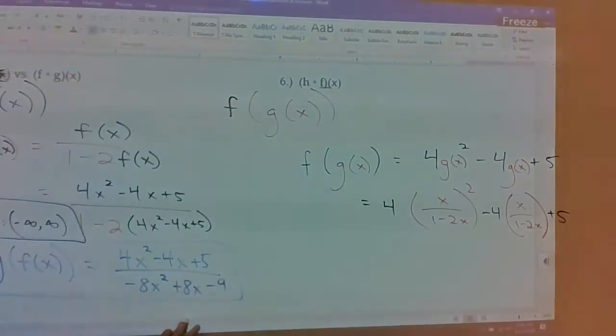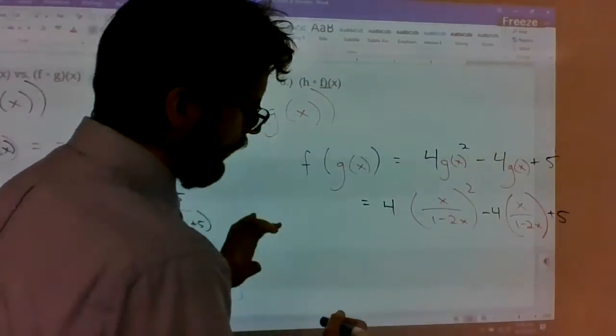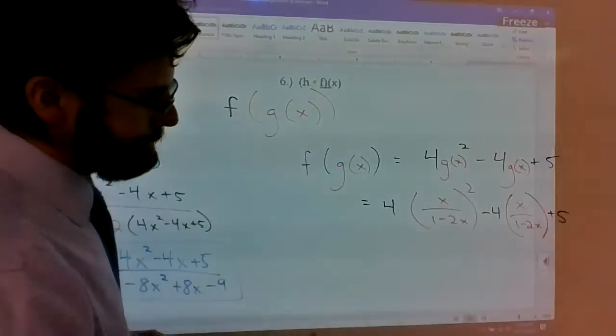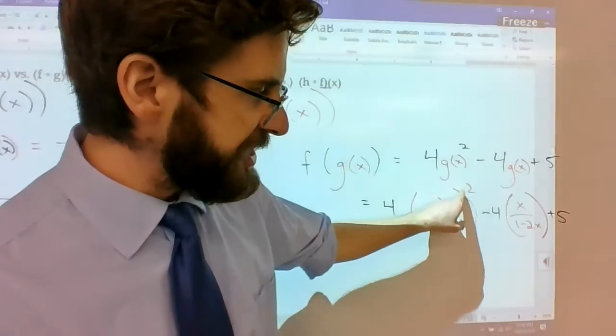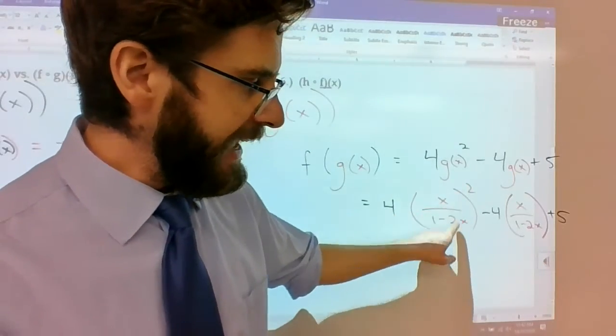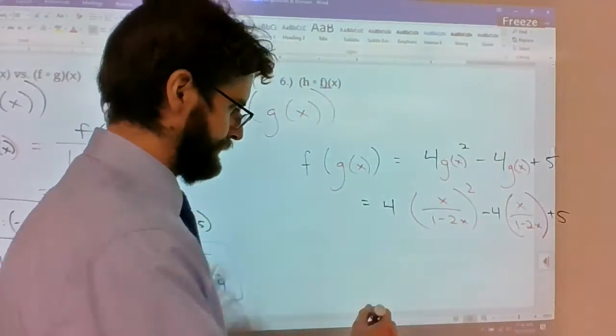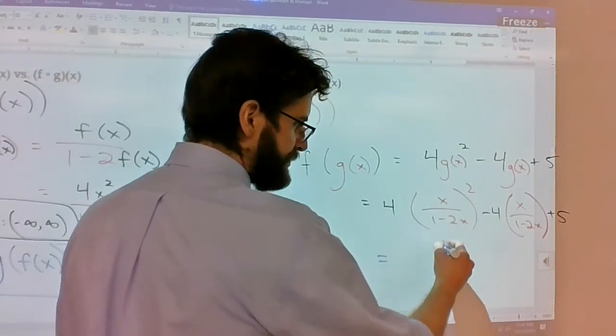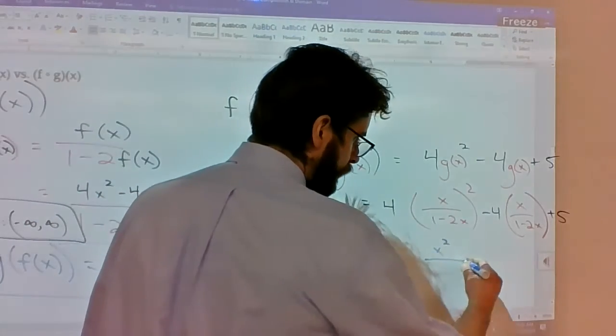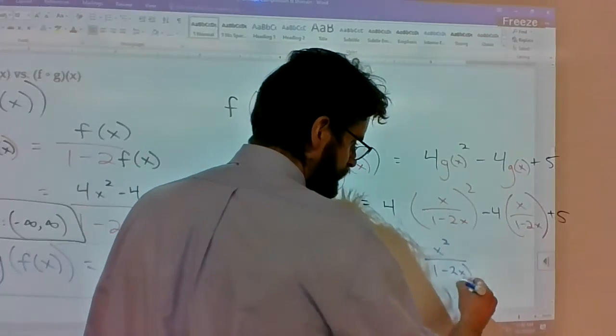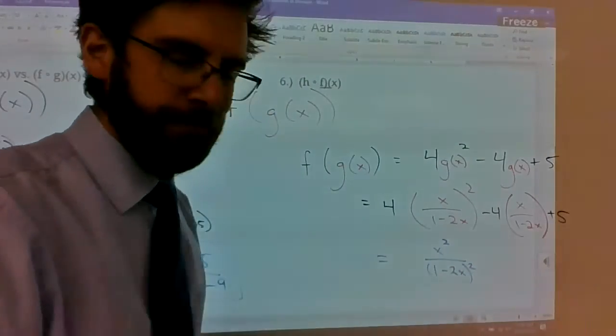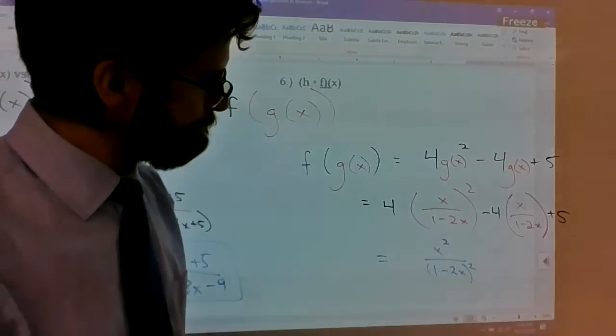So the blue function, our final result, I'm just going to write as this square can just attach itself to both the top and the bottom independently. So this is x squared over 1 minus 2x squared. All I did was say square the top, square the bottom.